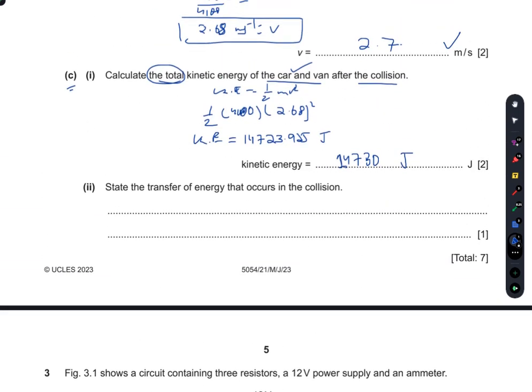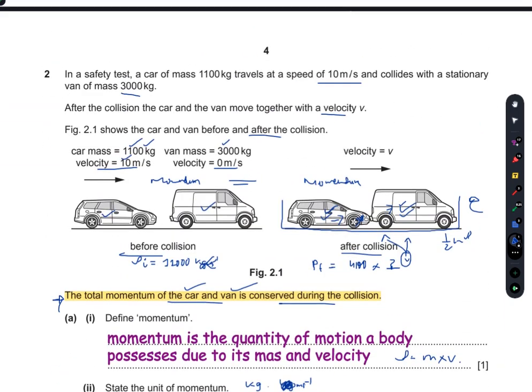So the second part of C: state the transfer of energy that occurs in the collision. What happens during the collision? Some heat would escape here, and the kinetic energy of this car would be transferred to this van, and that causes the van to move as well.